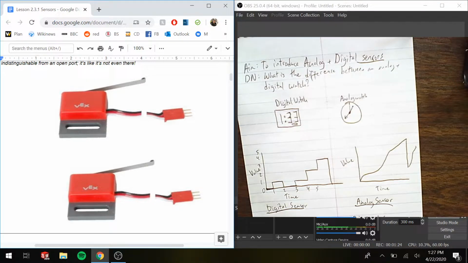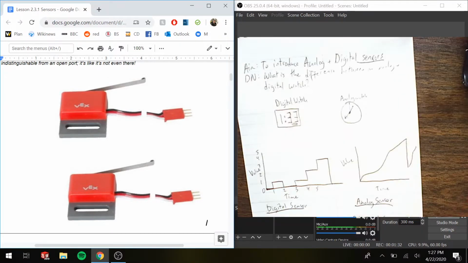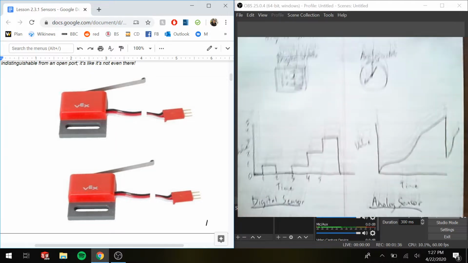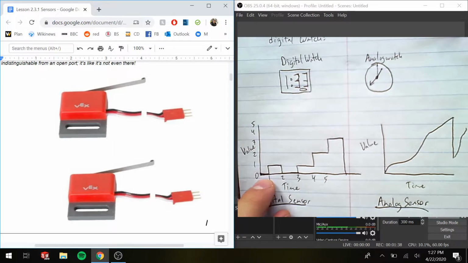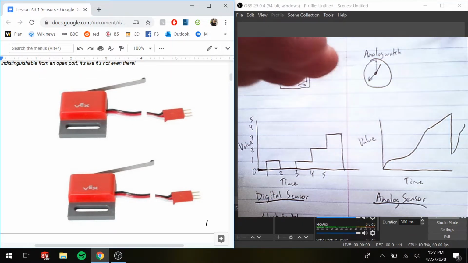I think a good representation of sensors, and specifically the difference between an analog and digital sensor, is this PS4 controller. So first, to review, a digital sensor will take values from 0, 1, 2, 3. It's not just that it takes whole numbers; it's that it takes everything in steps.